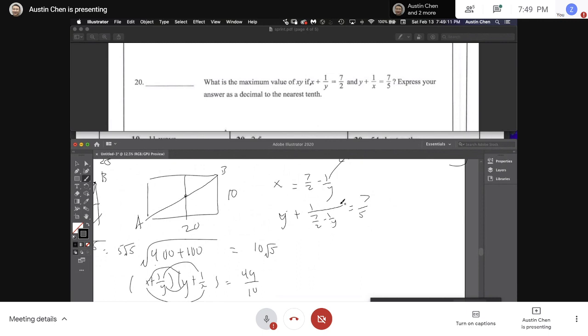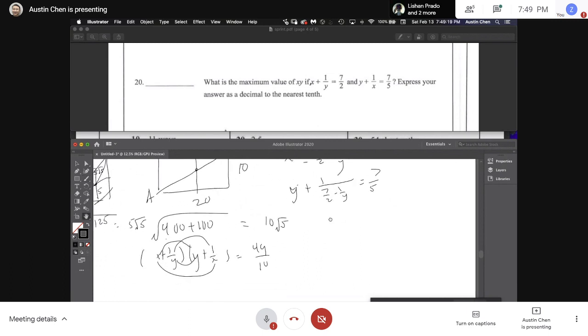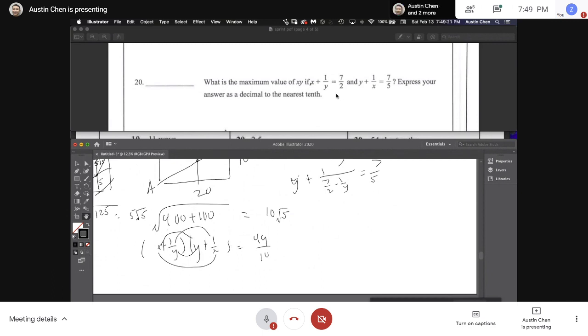And this is a really messy equation, right? So I think for this one, you just have to notice that if you multiply these two expressions together, you're going to get a really good expression that has two terms with xy in them.